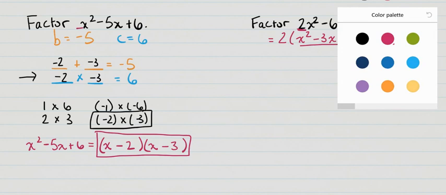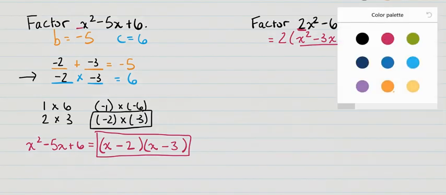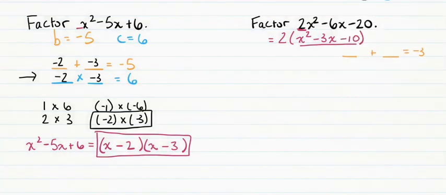So to factor that simple trinomial, I need 2 numbers that will add to give negative 3. And those same 2 numbers have to multiply to give negative 10. And again, I could list out all the options that multiply to negative 10 and look for the one option that will add to negative 3.